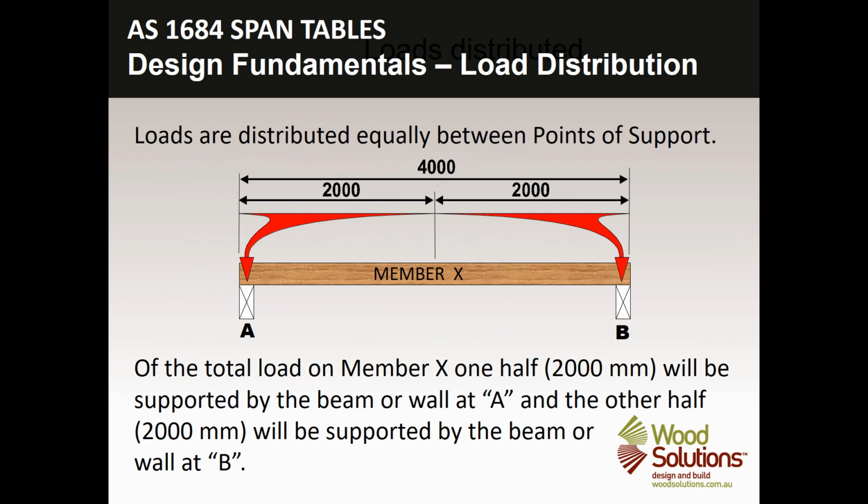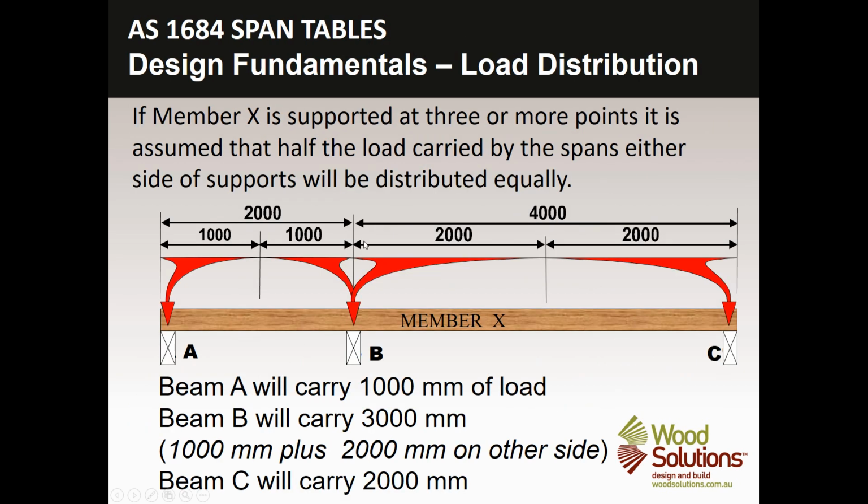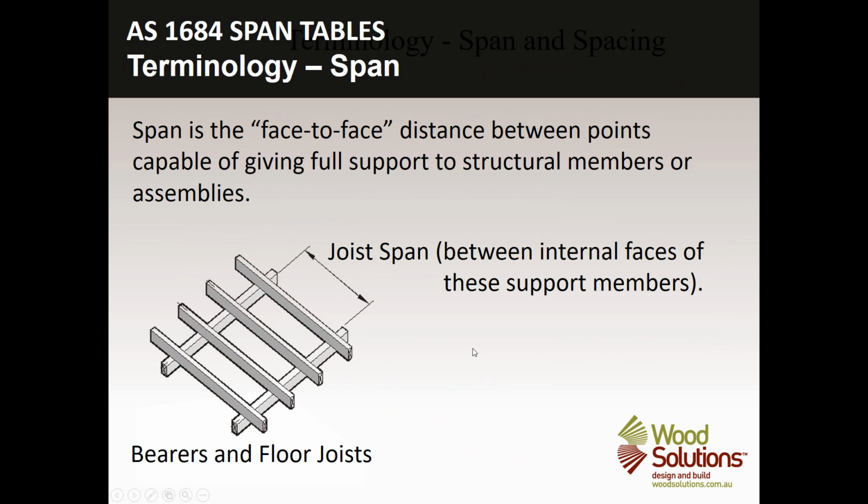Looking at the way loads distributed equally between members. However, when we have a continuous span, we have a differentiation of load imposed if the spacings of the supports are unequal.